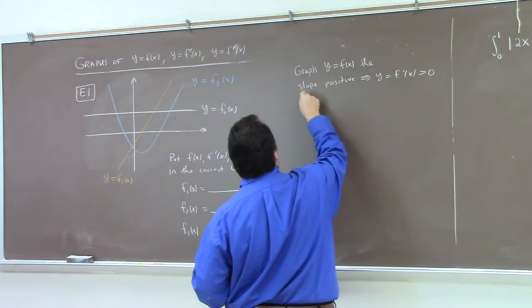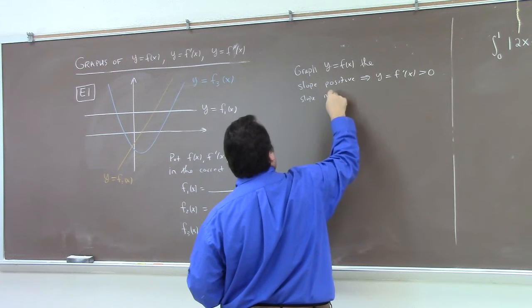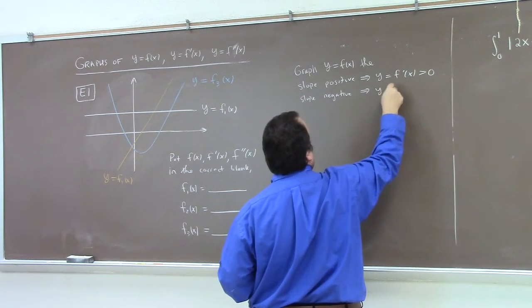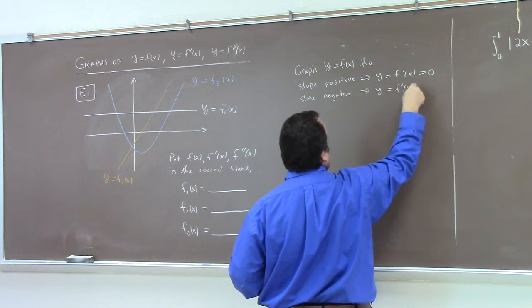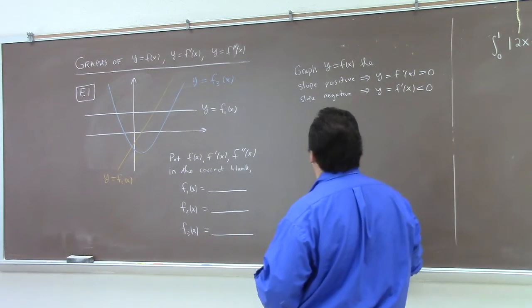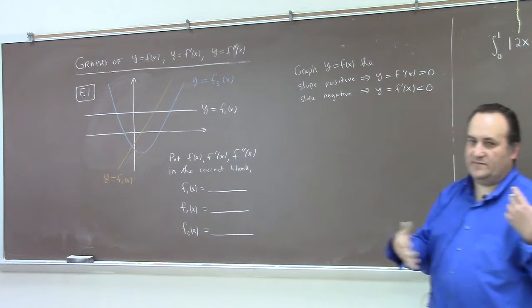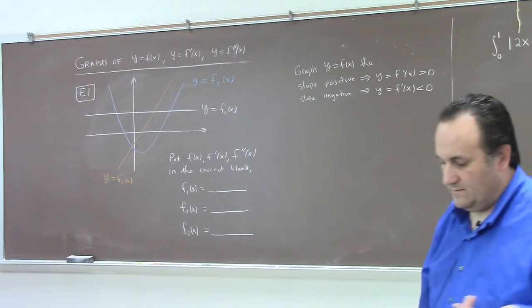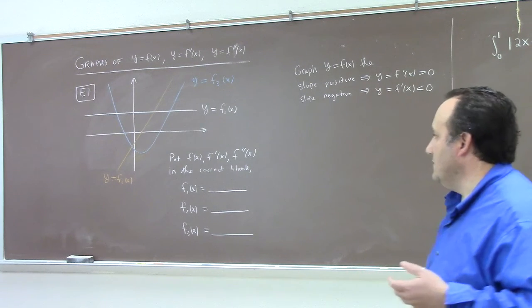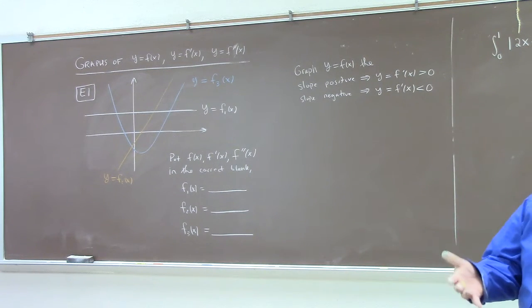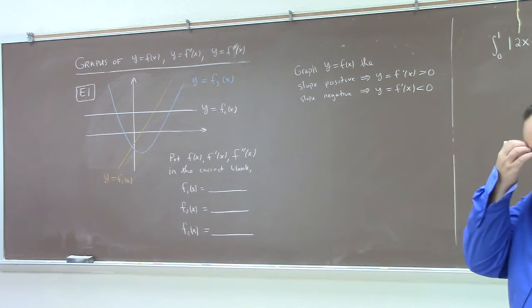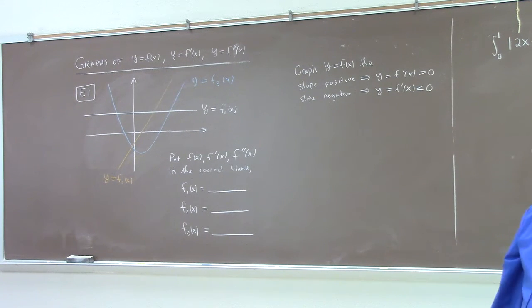The slope negative implies y equals f prime of x less than 0, right? So whatever graph you say is f of x, the f prime graph should be indicative of the slopes of the f graph, right? So what do you guys think?